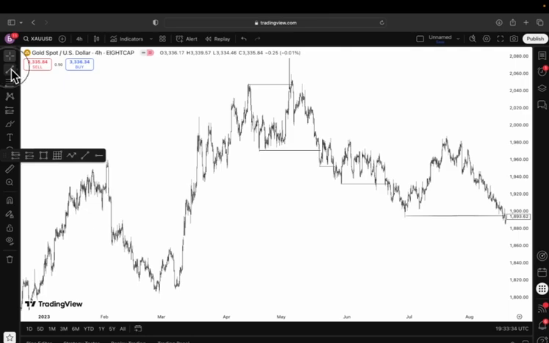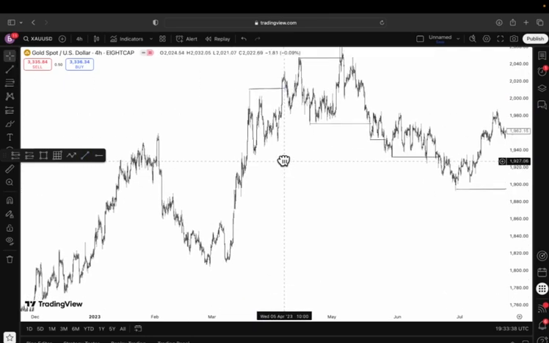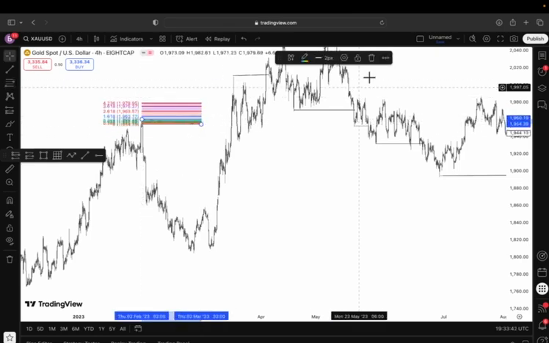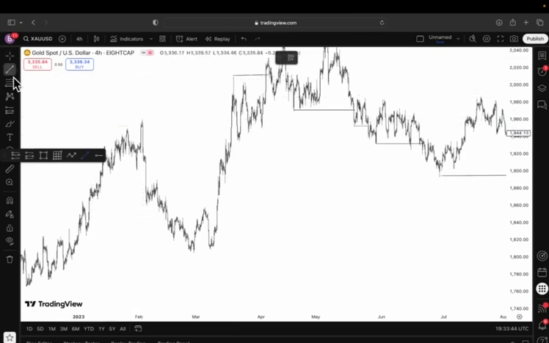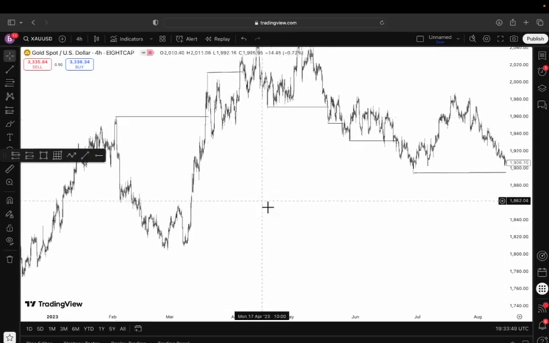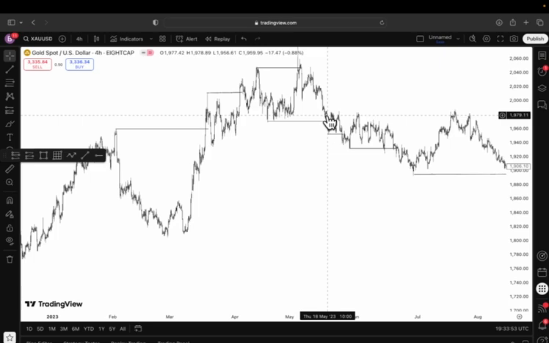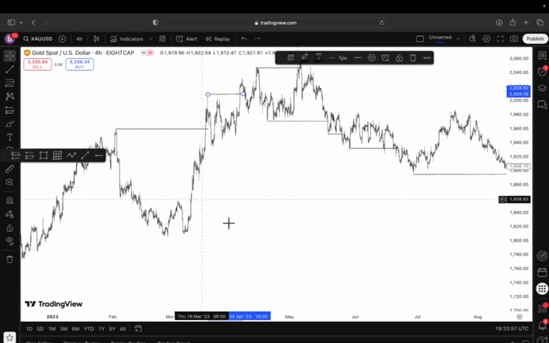Then these are previous external points, that's previous strong lows. Why am I calling it previous? It is because once price creates a change of character, it's no more strong lows and weak highs anymore.